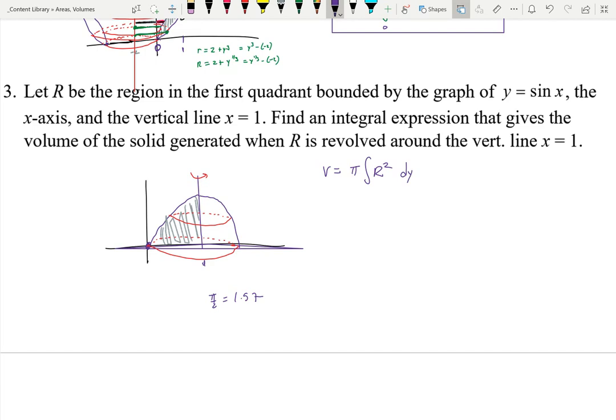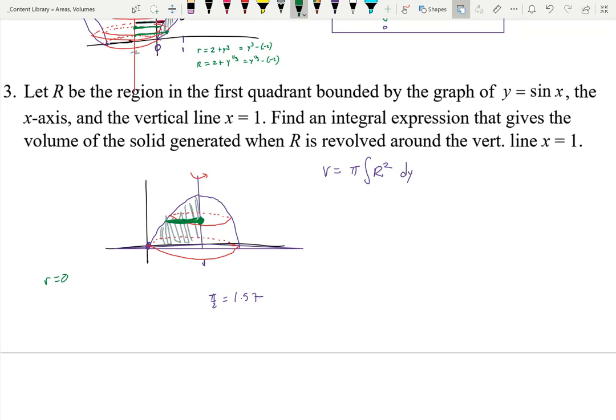Let's determine what our radius is. We know we're not going to have an inner radius because if you start at the axis of rotation, you head to the region, you're already there. That tells me my inner radius is 0. The outer radius is going to be what happens when I get to the far end. All right, so we need to talk about what that length is.